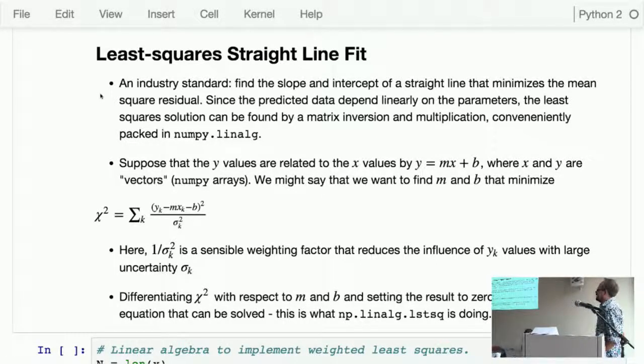If you want to minimize that with respect to m and b to find the right gradient and slope so that the line goes through the points, then you differentiate chi-squared with respect to m and b, and you'd end up with a linear equation between the parameters m and b and the y. You can package those into vectors and then solve it with linear algebra, and that's what this NumPy package linalg.lstsq is doing. So we're going to go ahead and just do that without thinking about it anymore.